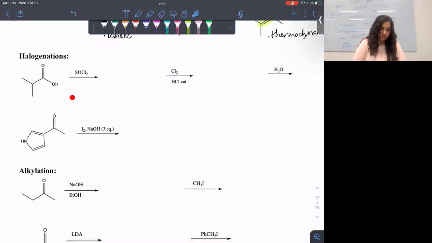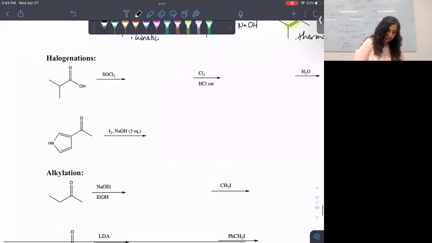In this specific reaction, you're going to have a carboxylic acid and then these reagents: a carboxylic acid, a halogen protecting group like SOCl2 or SOBr2, and then an X2, usually Cl2 or Br2. You know it's going to be your Hell-Volhard-Zelinsky reaction. So this is your HVZ.